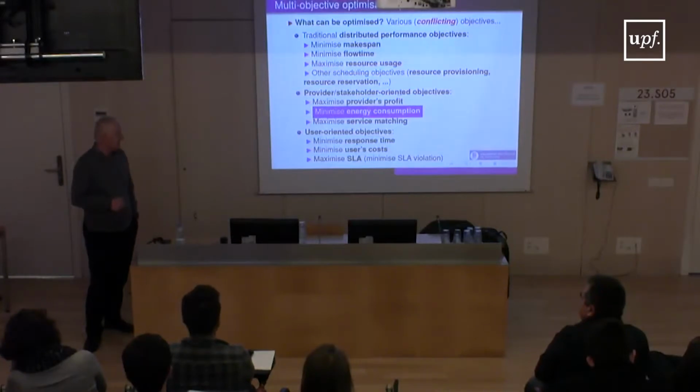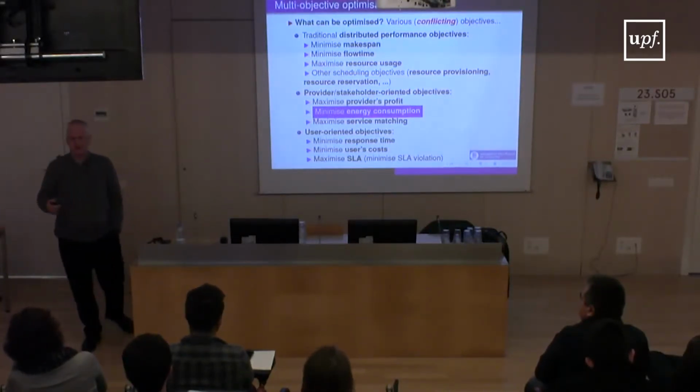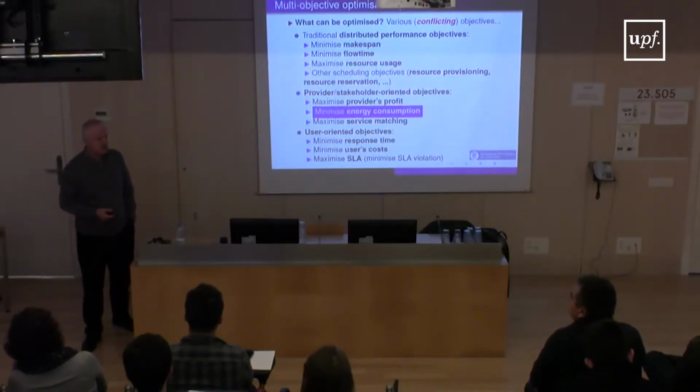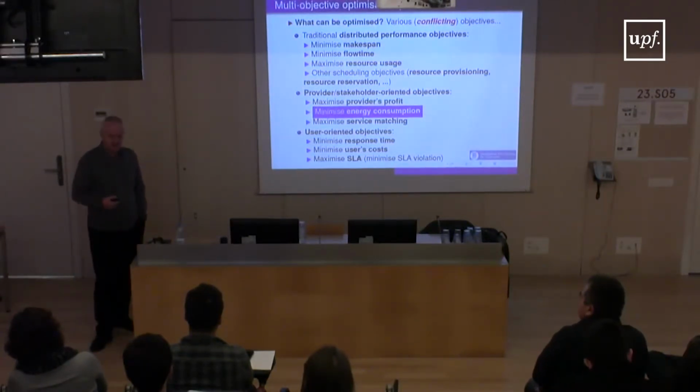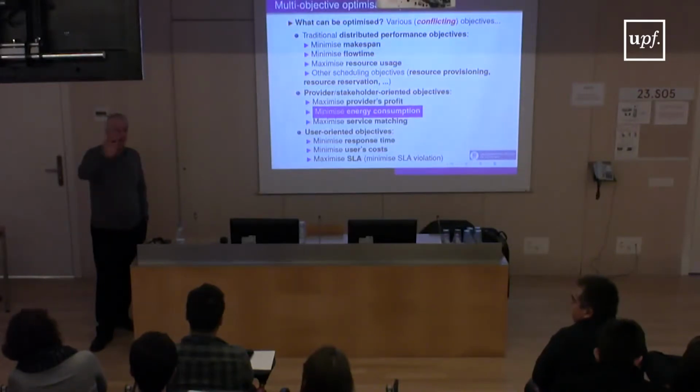And then another one could be, for example, to maximize the service matching. Cloud providers can offer many services. So many times the users would like to have one service, and they have an array of possibilities. So which one to take? Let's say I want Meta-heuristics as a service, and there is an array of services on Meta-heuristics.